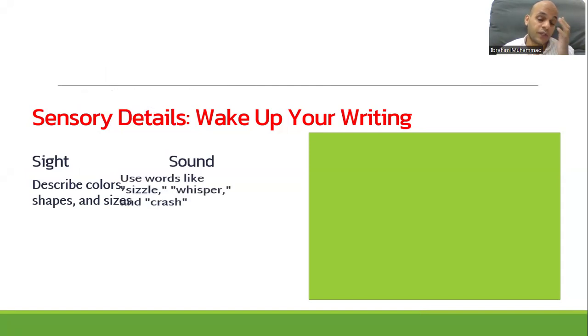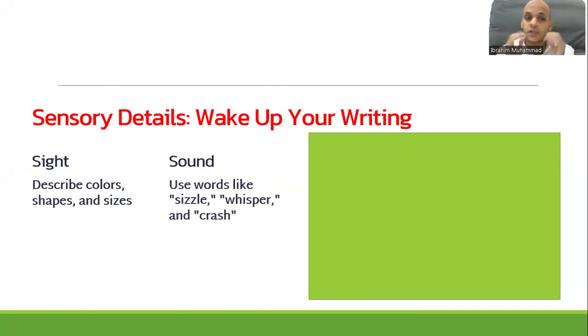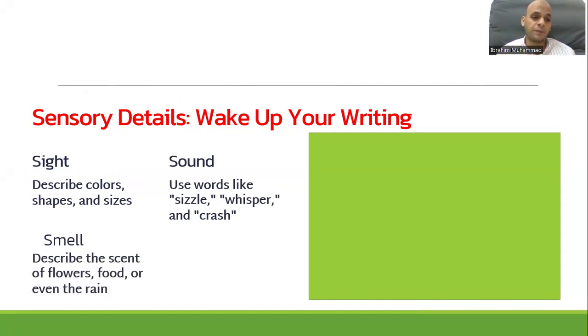We can use words like sizzle, whisper, and crash. And smell. You can even use smell if you are talking about the scent of flowers or food or even the rain.